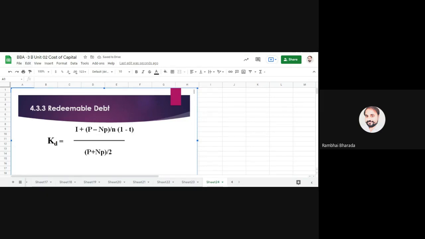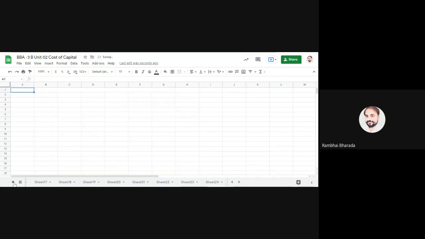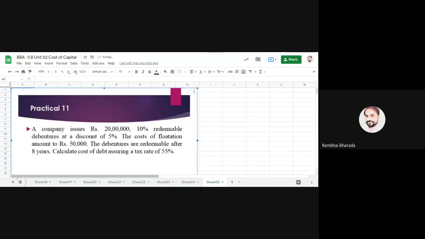But here we need to take care of the interest factor. That's why we additionally add 1 minus t on the upper side. Everyone, are we clear about this? I don't think any explanation is required about what redeemable debt is. We directly do the calculation of RV, NP, N, T and Kd, without going into other formalities, and after this calculation we will complete this topic and the session.